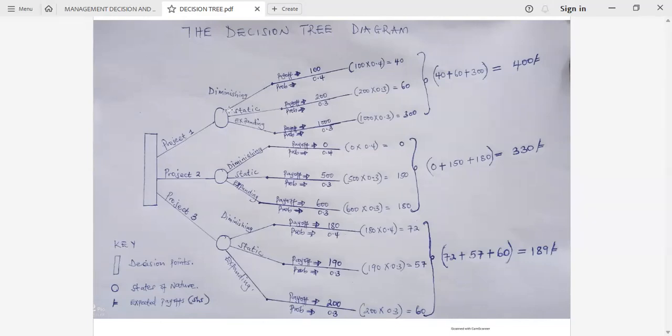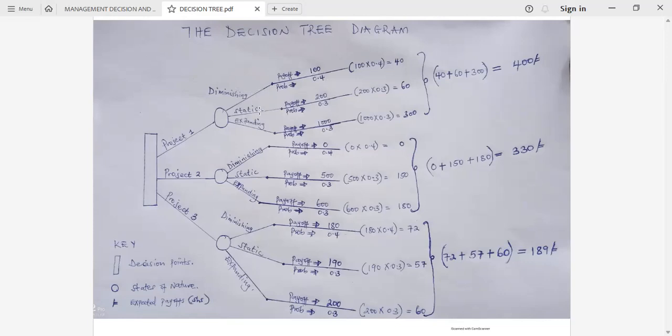So if project 1 goes into a diminishing state of nature, we are going to have a payoff of 100. But the probability of having that 100 is 0.4. In other words, there are 0.4 chances of us getting a payoff of 100 from the diminishing point.